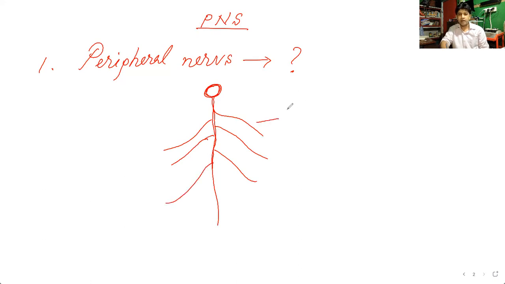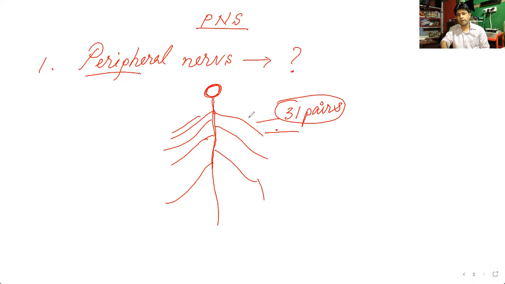So 31 pairs of such nerves are coming out, and they are spread all over the body, from the upper part of the body to the lower part. That means it is going to the hands also, legs also, toes also. So to each and every part of the body, it is distributed. These 31 pairs of nerves are called the peripheral nerves.